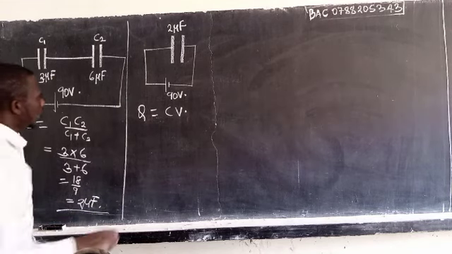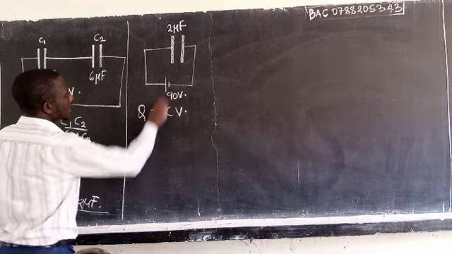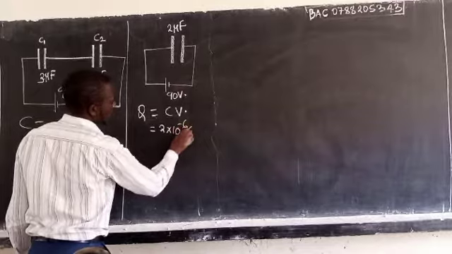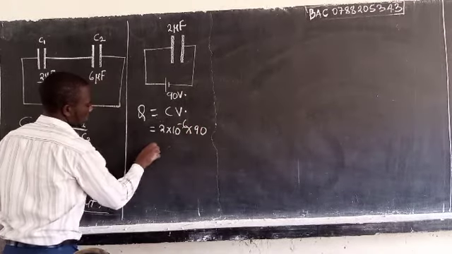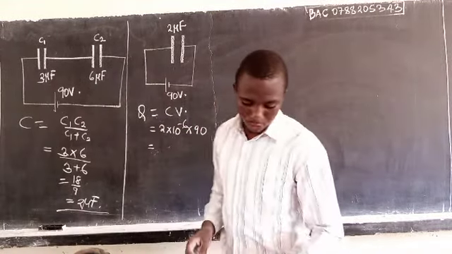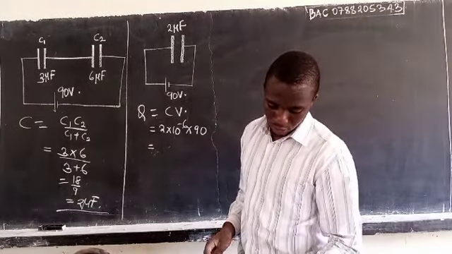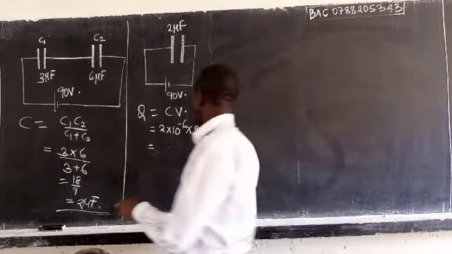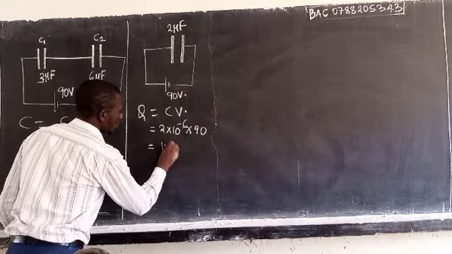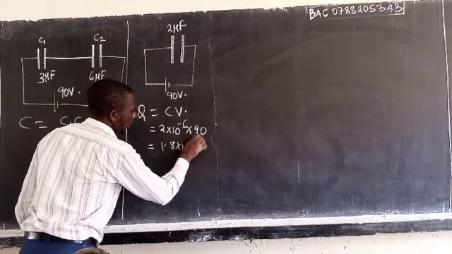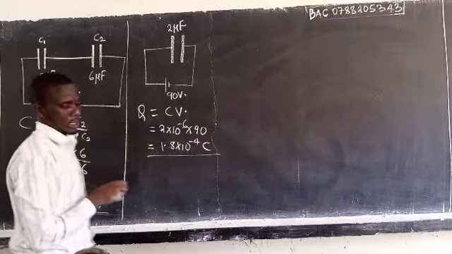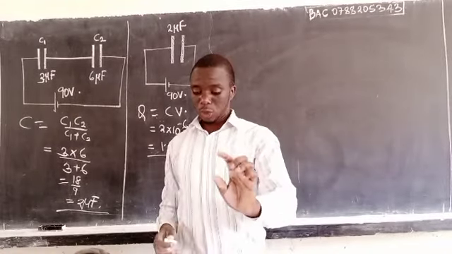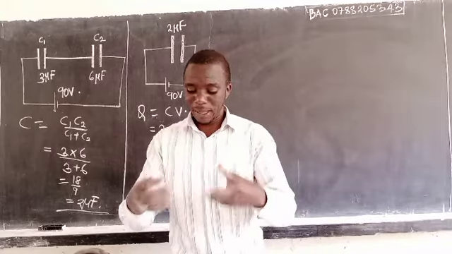So that charge equals the capacitance, 2 times 10 to the negative 6, times 90, and when you check, you get 1.8 times 10 to the negative 4 coulombs as the total charge on both the capacitors.